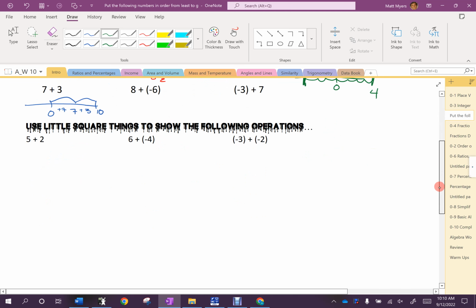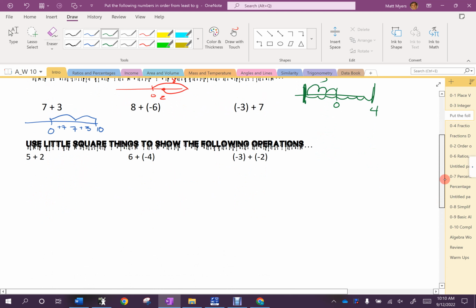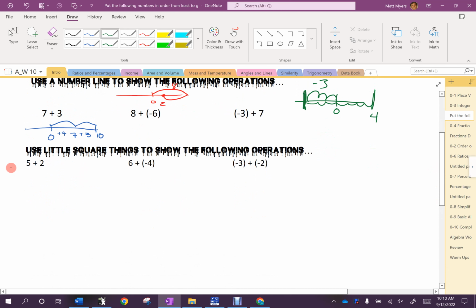How many of you remember the little square thing that I showed you? What does that represent? Positive. Or negative. 1. +1. So how would I show 5? I'd draw 5 of them. Oh, I thought you were putting this colored in. Yeah, it doesn't matter.